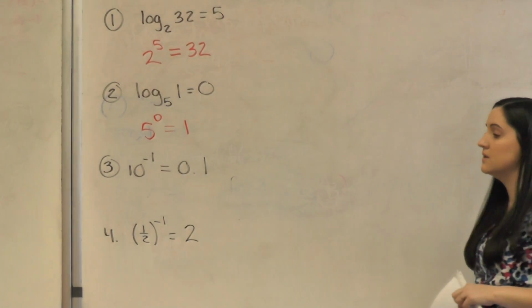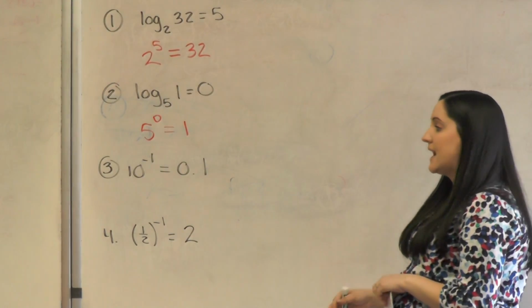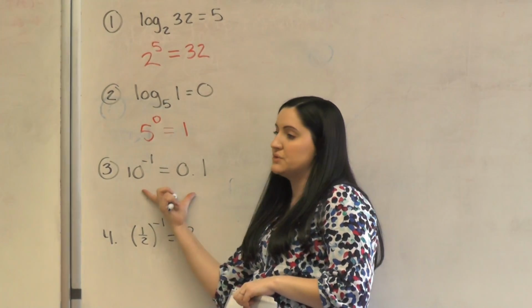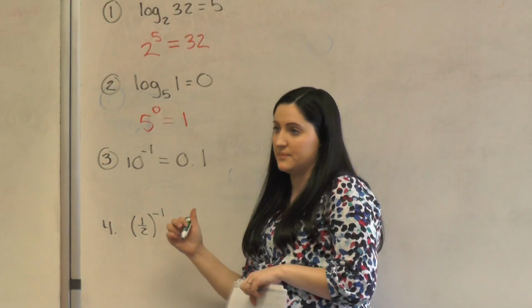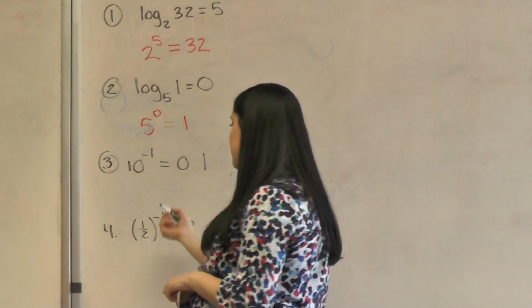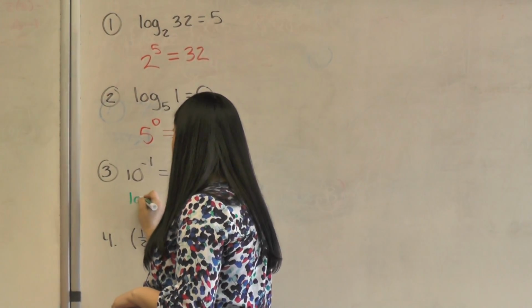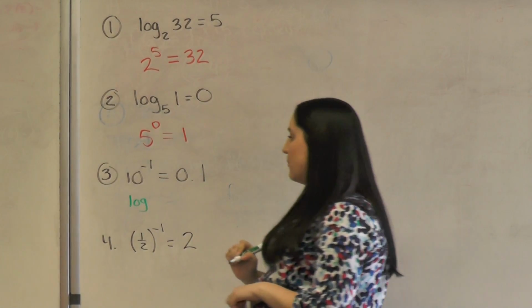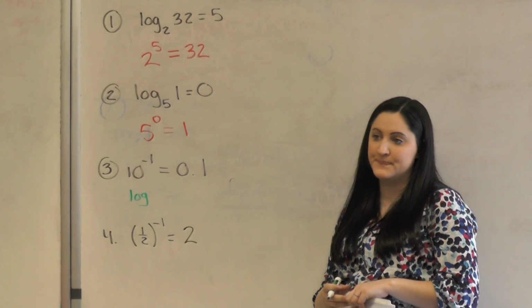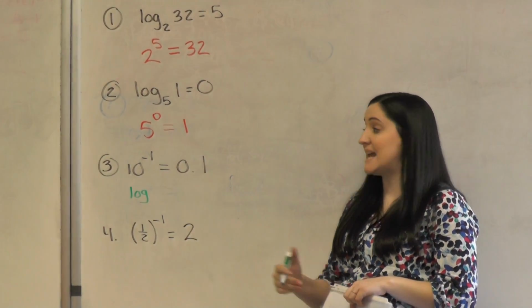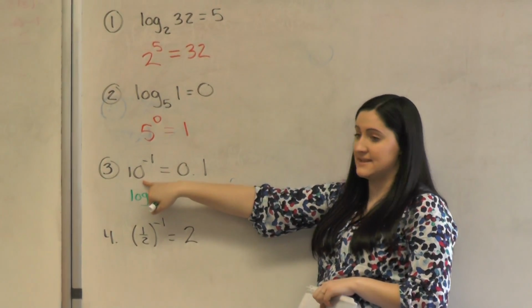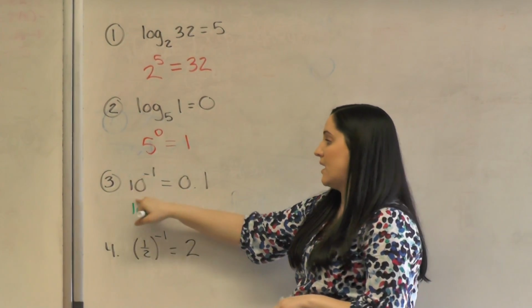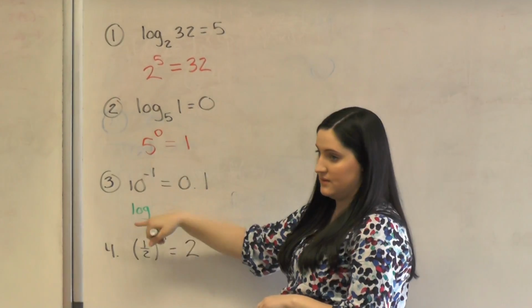Right? Number 3. This time we're going from exponential form to logarithmic form. Okay? So we're always going to start with the word log. Okay, what's my base? 10. 10 is my base. Okay, the number with the exponent.